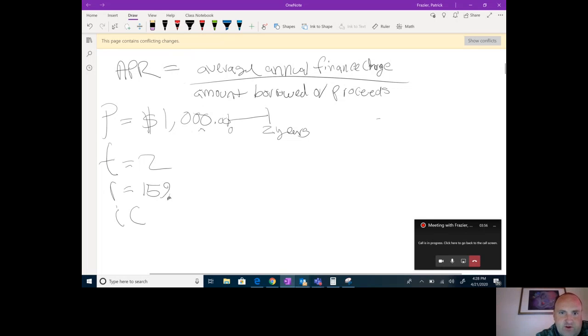So 15% of $1,000 is $150, but over a time period of 2 years, the interest charge would be $300.